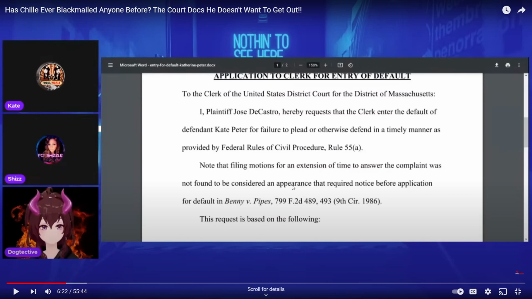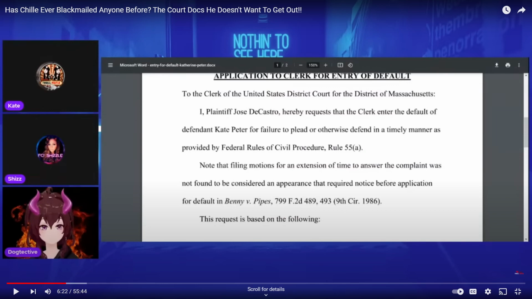Oh, there's this loophole. So as it turns out, Kate didn't file an appearance by just filing a motion for an extension. So he can file his application for entry of default without doing notice first. So that's the case that decides that, Benny v. Pipes. And I've seen some people also say that it's a different circuit. Learn how to interpret that.